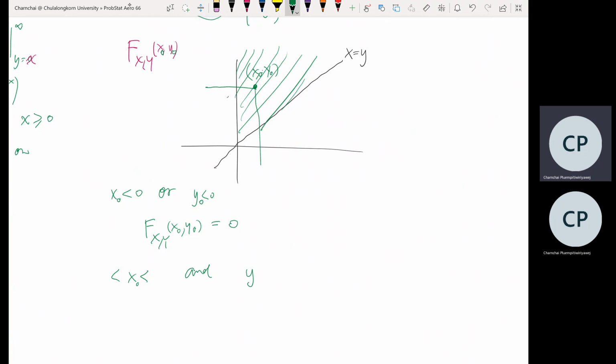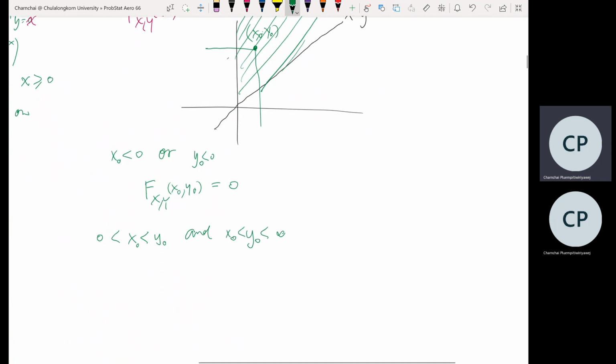And y naught between what and what? x naught from 0, and y naught from x naught to infinity, right? In this area, x naught must be less than y naught.